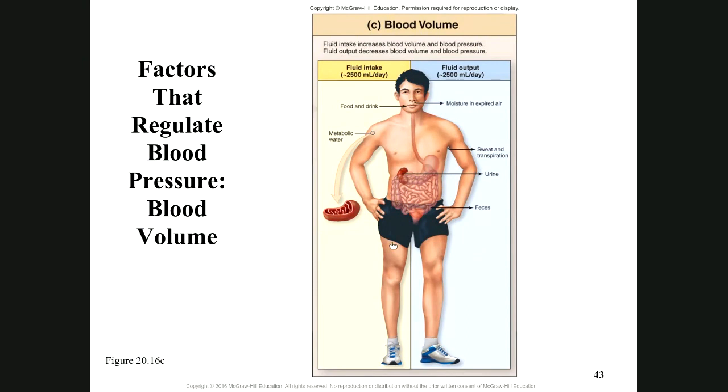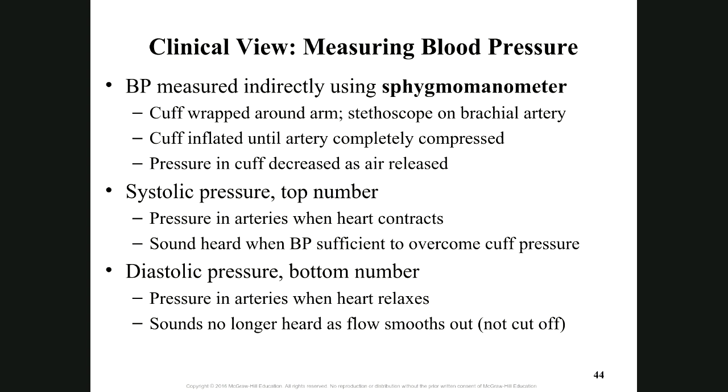You can see that by food and drink we can take in water, and also we can make water in our body by the metabolic activity. When the activity of your mitochondria increases during metabolism, you can make more water. And we can lose water by exhaled air, sweat and transpiration, urine, and feces. And all of them can affect our blood pressure.